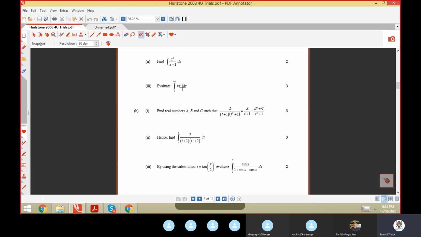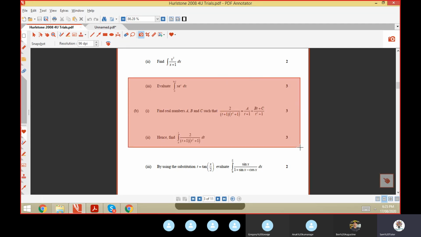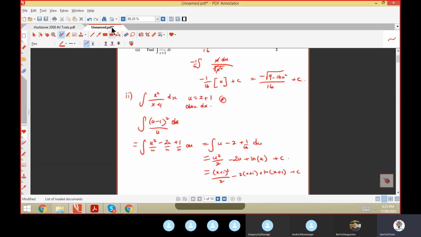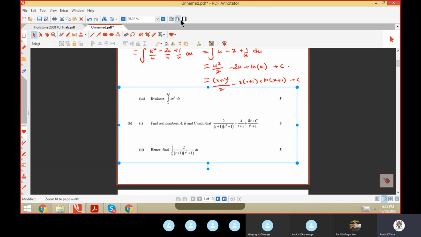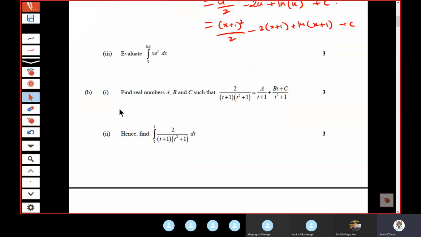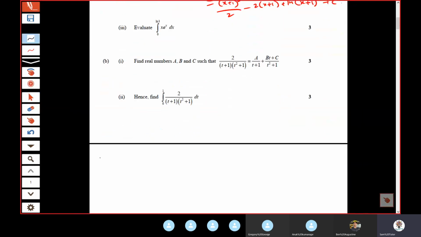The next one, what do you think it is by looking at it straight away? That is a definite by parts. Why? You've got algebra mixed with exponentials. That's a definite by parts.